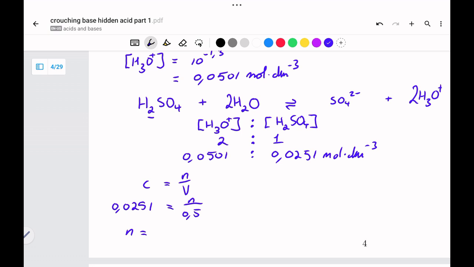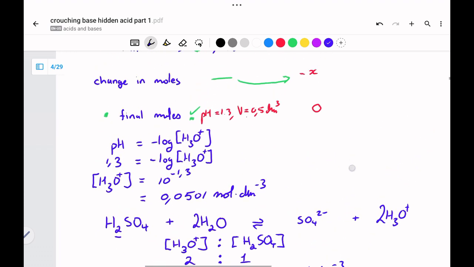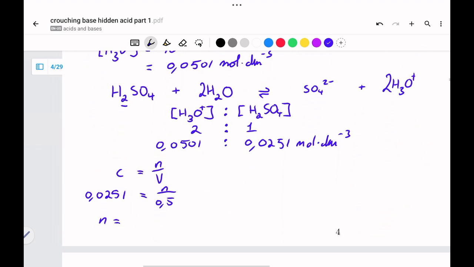I'm going to use the whole number now that I've still got on my calculator screen. My volume was 0.5. Let's check that. So the number of moles that I get is 0.0125 mole, and it is for H2SO4, since this concentration was for H2SO4 and the volume was obviously for H2SO4.